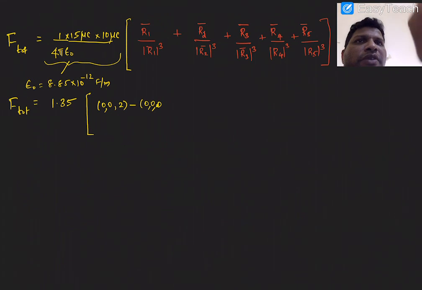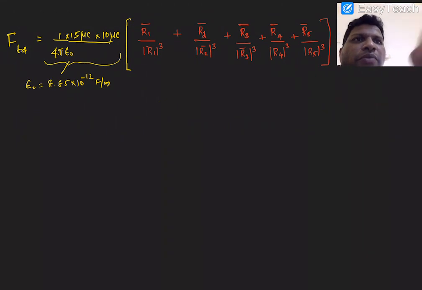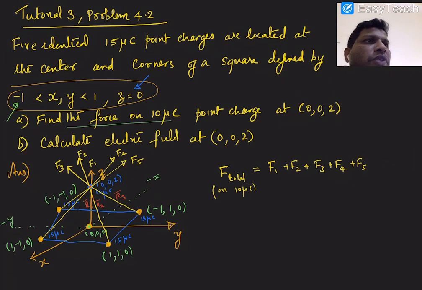So first of all I will write it in a different way. What is R1 anyway? My R1 is pointing from 0 0 0 to 0 0 2.